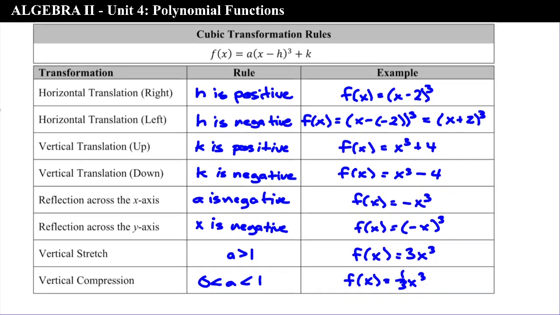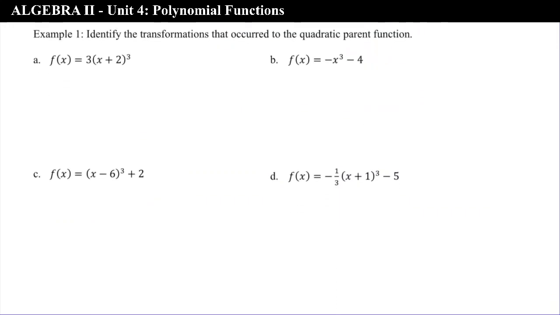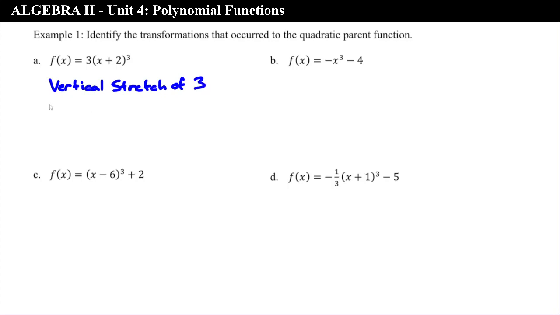Now let's do some examples. And again, this should all be somewhat familiar. So in example A here, we have a vertical stretch by a factor of 3, and we are translated left by 2. Okay?